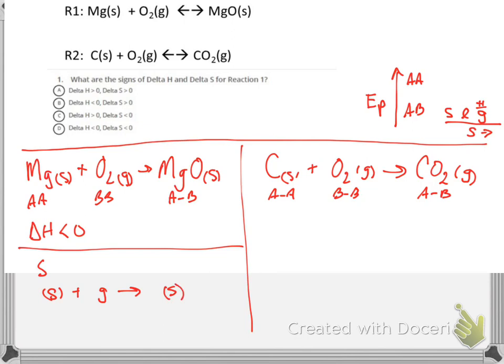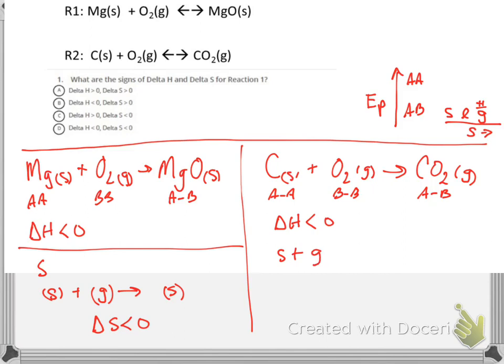So we go solid plus gas to make solid. The products have less entropy, so delta S would be less than 0. Keeping in mind that if the products have less of the substance, it is always negative. So delta H, potential energy, is what we're keeping track of, and for delta S, entropy, total number of configurations.